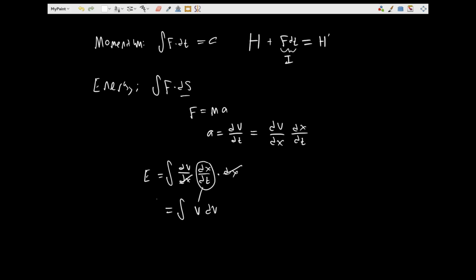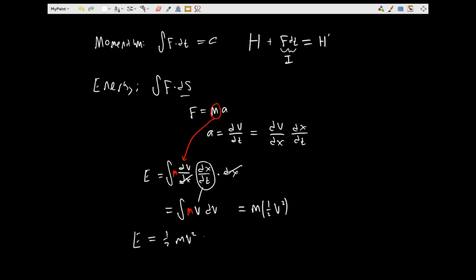Integrating this, once we realize that we forgot to put the mass in there, what we get is m times 1/2 v squared from some position 1 to position 2. So in other words, our kinetic energy E equals 1/2 mv squared.